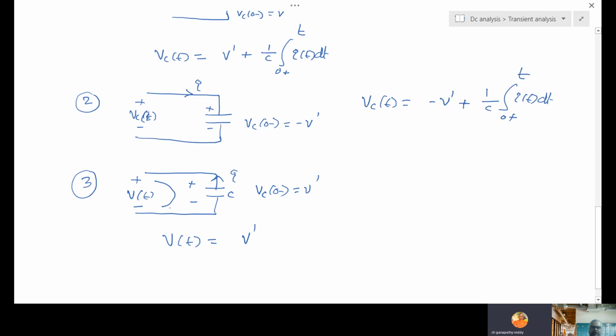But our current direction is opposite, na? Now minus 1 by c integral 0 plus to t of I of t. If this is plus and this is minus, the capacitor is discharging. Here the capacitor is charging. Here discharge.